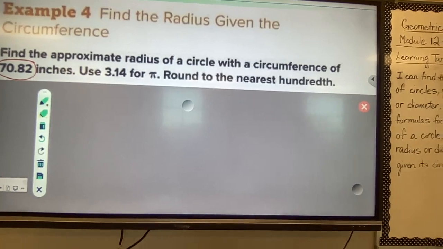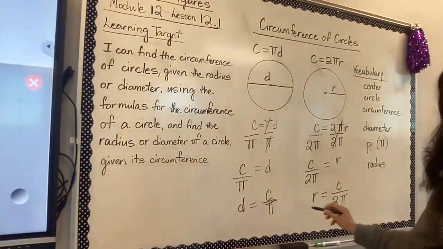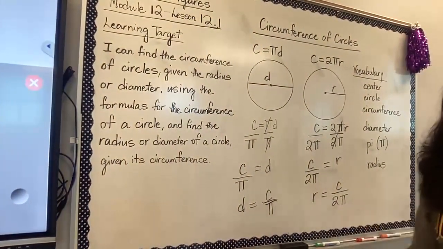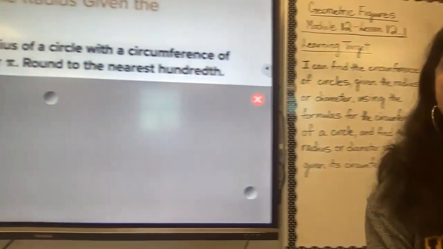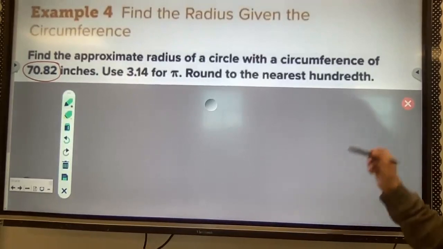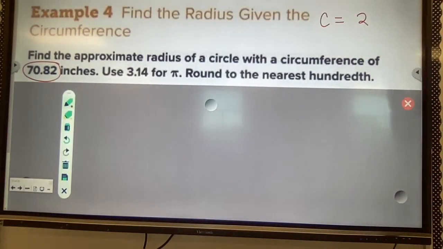So what I had just shown you earlier was, what is r? r is equal to circumference divided by 2 pi. So I am now going to put that over here. We said circumference is equal to 2 pi r, right?